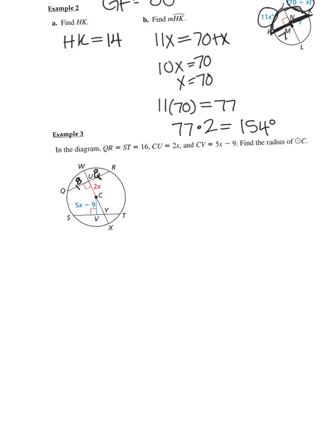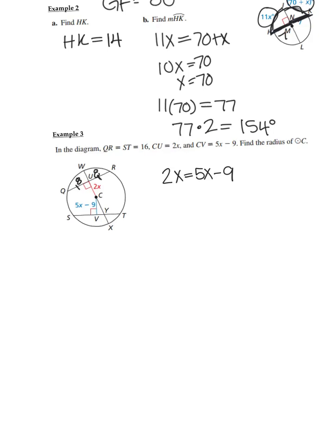All right, so the very first thing we want to do here is set 2x equal to 5x minus 9. Now, the reason we can do this is because we know that they are equidistant, right? So from the equidistant chords theorem, we know that these are equidistant, meaning that they are going to have the same exact measurements.